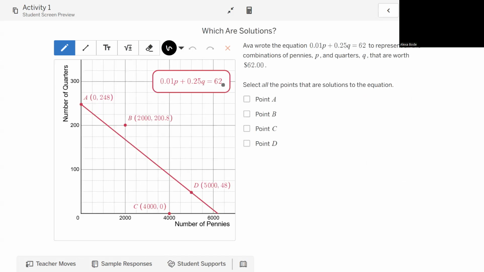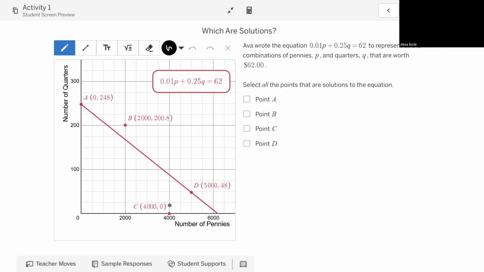Okay, so here is our line, here is our equation, and then we also have point A on the graph, point D on the graph, and B and C on the graph. So it says select all the points that are solutions to the equation. If I was to give you just this graph, your solutions, like we said yesterday, are the points that are actually on the line.